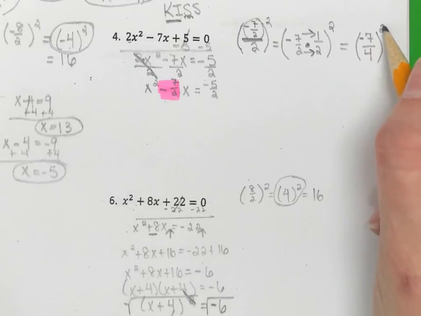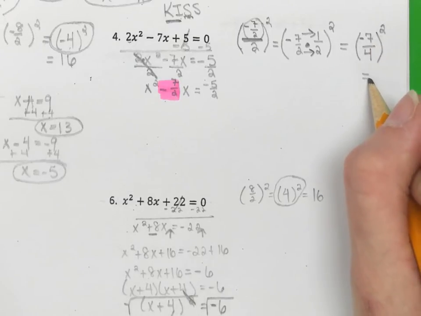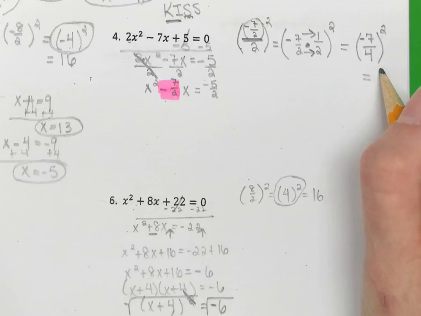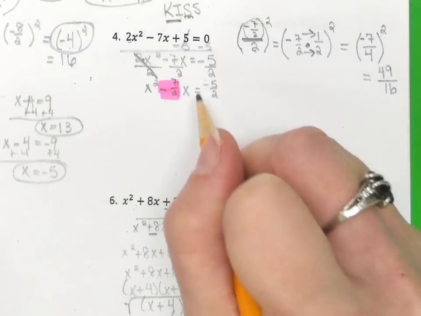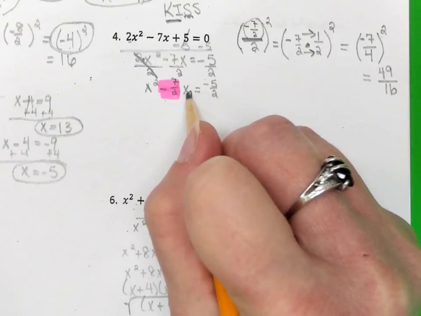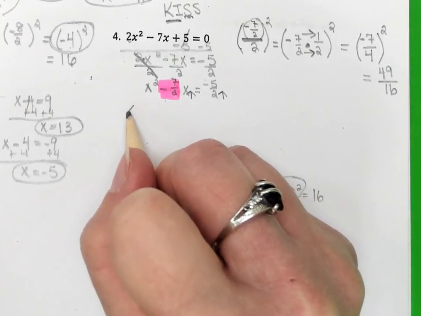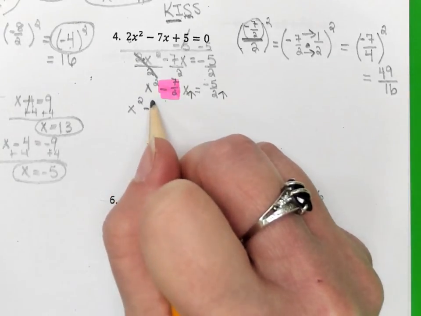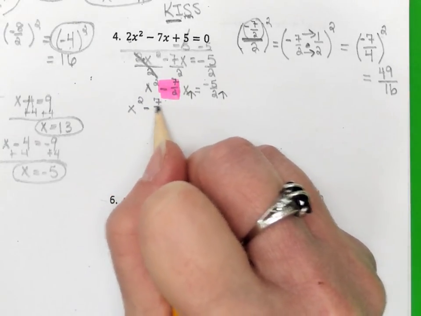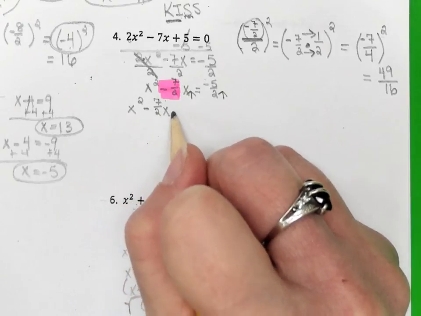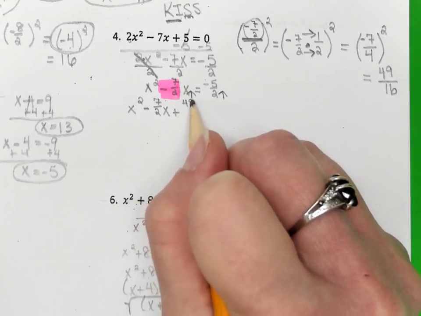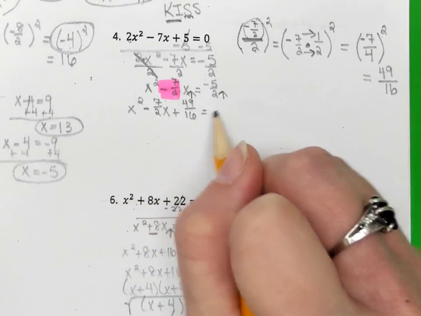What's negative 7 squared? 7 times 7. 49. There you go. And same thing on the bottom. What's 4 times 4? 16. There you go. I'm going to add that to both sides. So we're going to add that 49 over 16 to both sides.